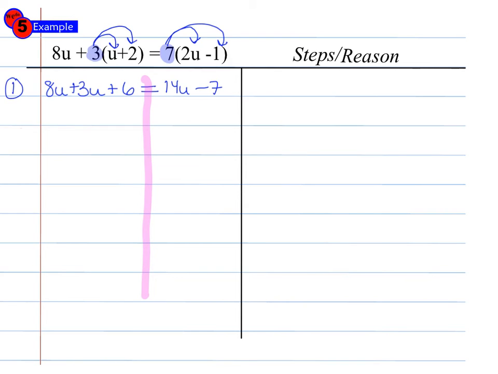Nothing on the left side can be combined with anything on the right side. But once I combine things, I can use the addition, subtraction property rule to move things around. So next step, I forgot to write down what I did. Distributive property.